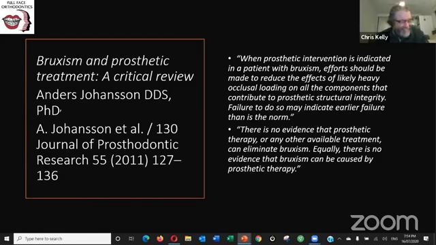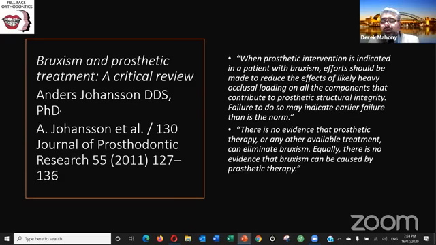But this is a really good one. This is by Anders Johansson, famous in the field, in the Journal of Prosthodontic Research. Look at this: when prosthetic interventions are indicated in a patient with bruxism, efforts should be made to reduce the likely heavy occlusal loading on all the components that contribute to the structural integrity.